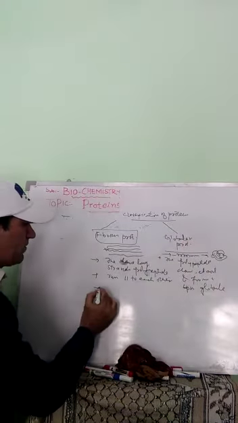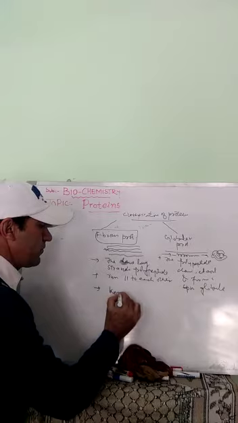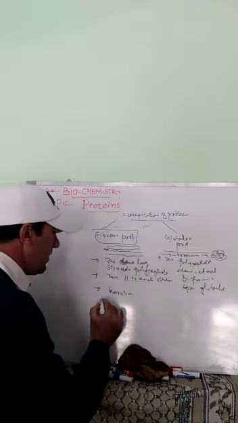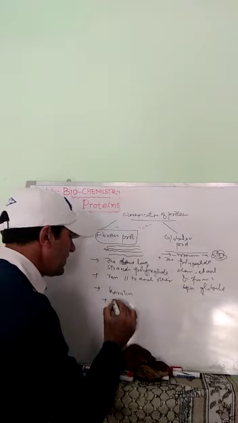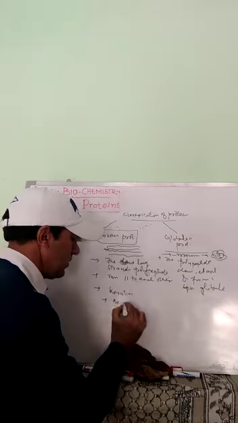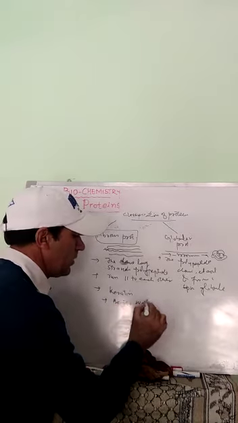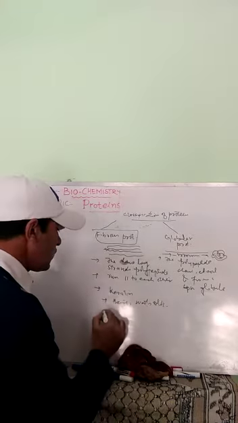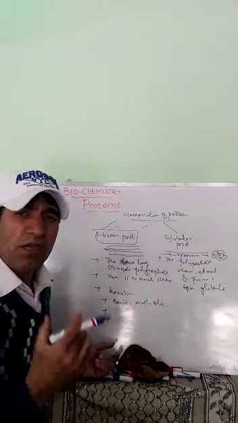So here keratin is a fibrous protein, mainly present in our hair, in wool, and in silk. So students, is our hair soluble in water?